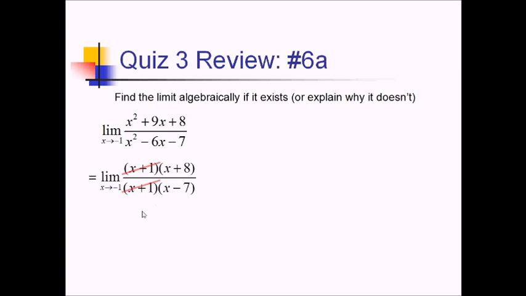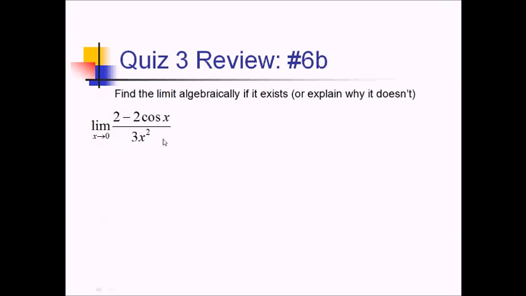And if you take a quick look here, you'll see that that's why you were getting 0 over 0, because if you plug -1 in for both of these, they both zero everything out. So now we just have the limit as x approaches -1 of x plus 8 over x minus 7. So that's just -1 plus 8, which is 7 on the top, and -1 minus 7, which is -8 on the bottom. So then -7/8 doing it without L'Hopital's rule.